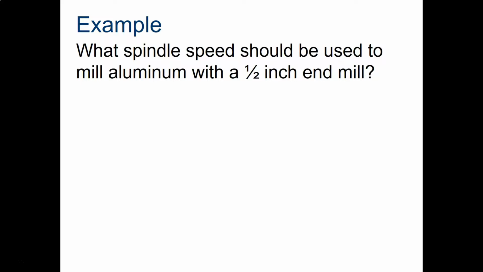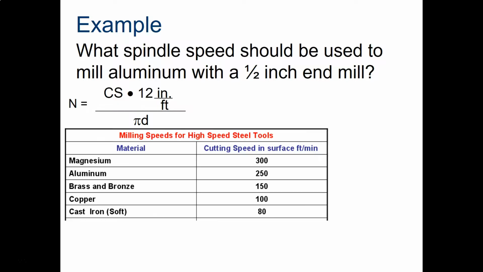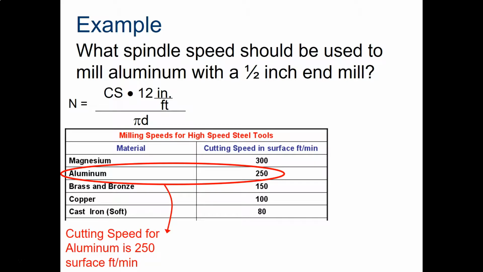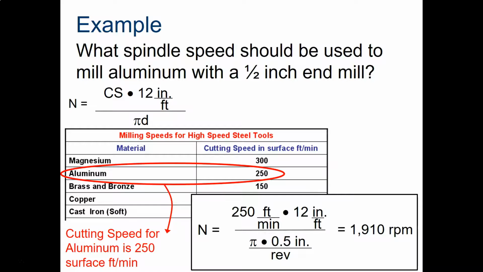What spindle speed should be used to mill aluminum with a 1/2 inch end mill? We start with the formula and substitute the known values. Note that the spindle speed used 3.14 instead of all of pi, and then was rounded down instead of following the traditional mathematical rules for rounding an answer.